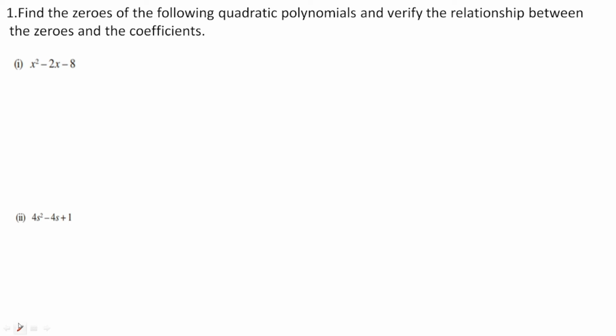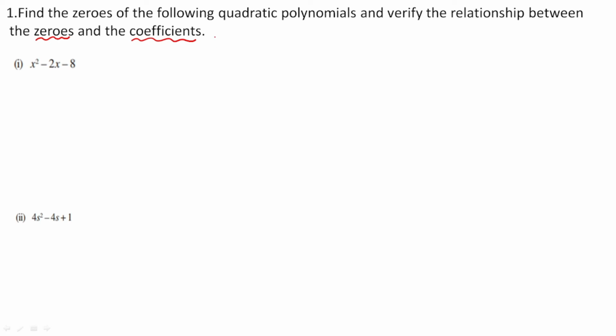This is the first question in exercise 2.2, and the question says, find the zeros of the following quadratic polynomials and verify the relationship between the zeros and the coefficients. A zero of a polynomial is a value of x for which the equation is satisfied.